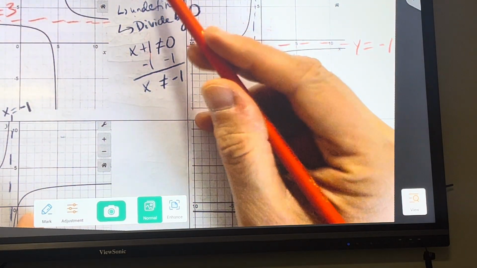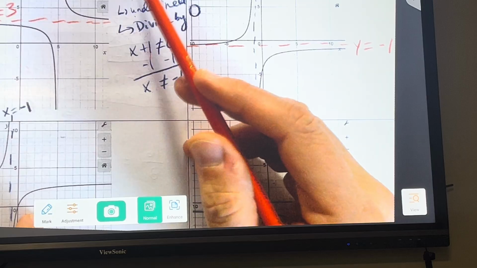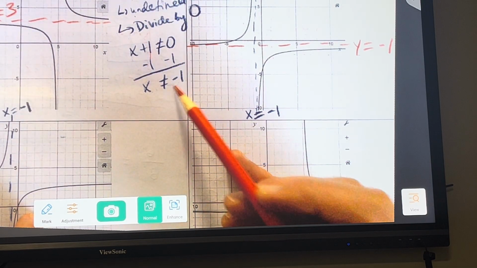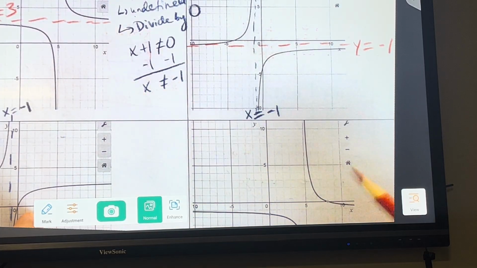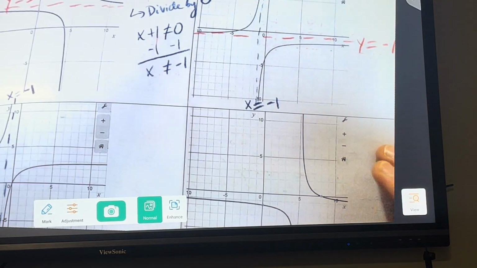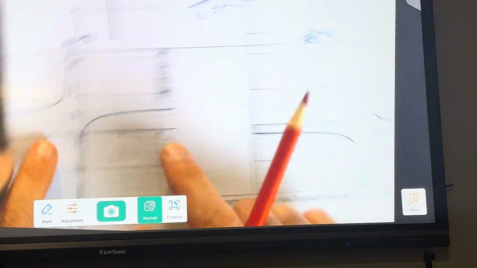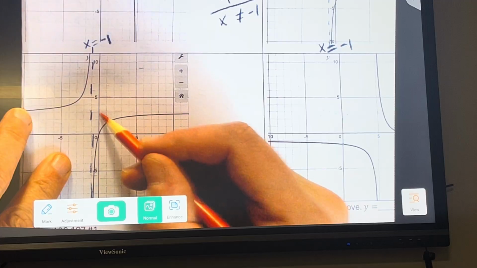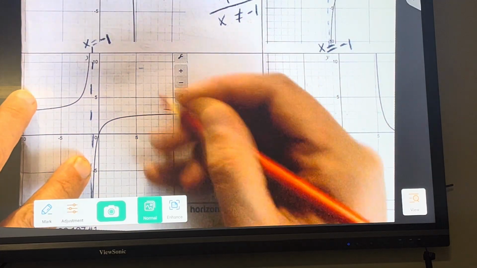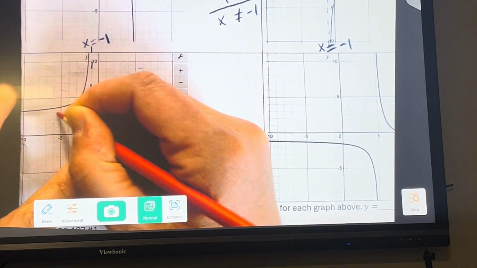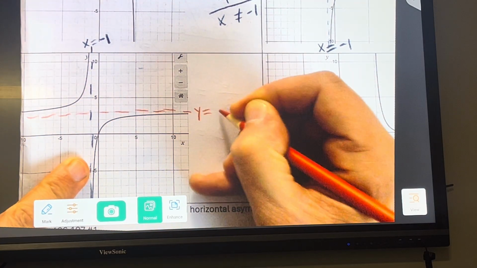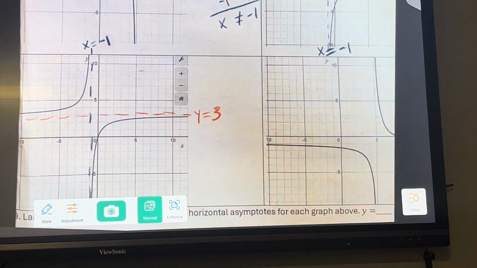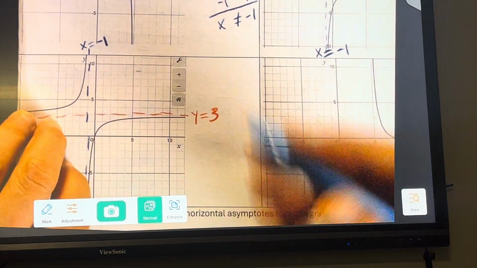So for item A, we want y equal 3, and we want x equal negative 1. So notice that that's this graph. Y equal 3 is the asymptote, the level that is never touched. So that means that this is choice A.